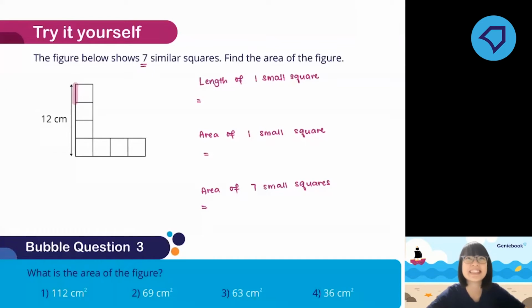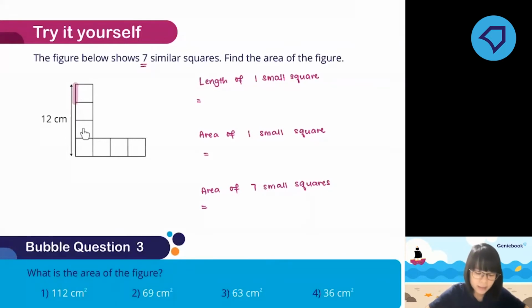Easy? Some of you say easy. All right, excellent job, guys. Can you find the length of one small square first? Remember, at the side over here, you have the length of 4 squares. So find the length of one small square first. All right. And then find the area of the square.